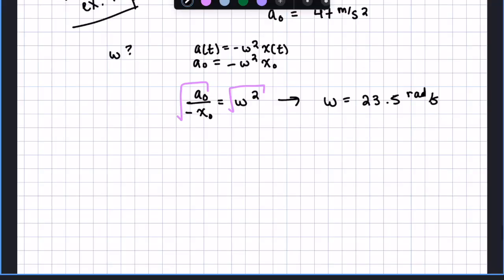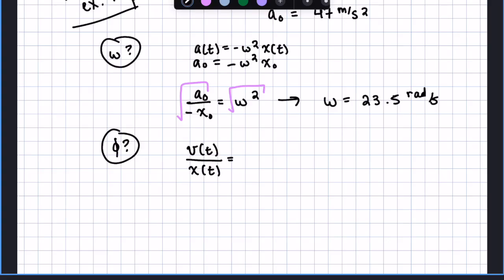Because once we have that, if we want to know our phi, that's coming from that nice little expression that I derived, that I erased on the equation sheet, that looks something like this.